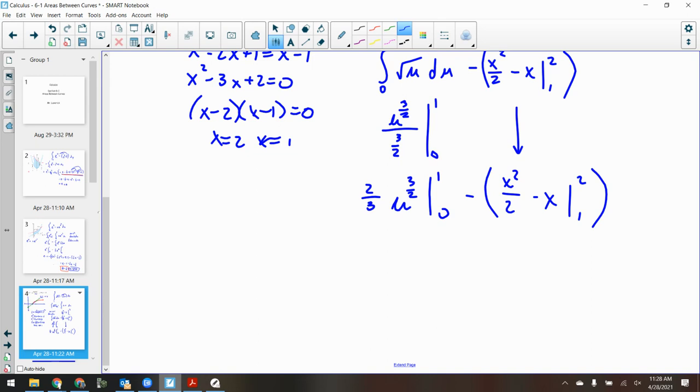Plug in 1, I get 2/3. Plug in 0, I get 0. So really it's just 2/3 minus. Plug in 2, I get 4 over 2, which is 2, minus 2. Okay, is that right?